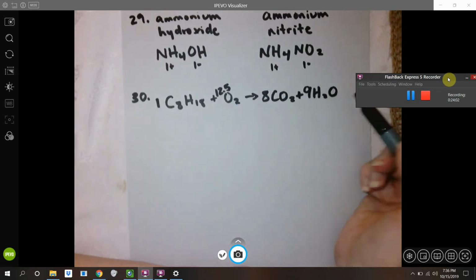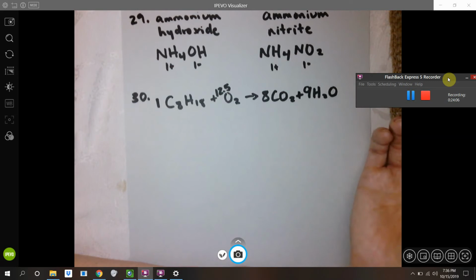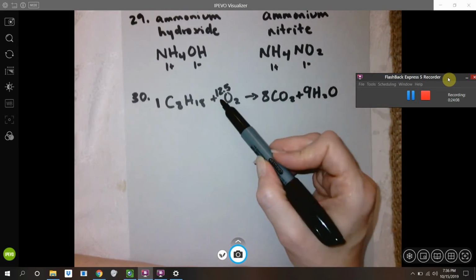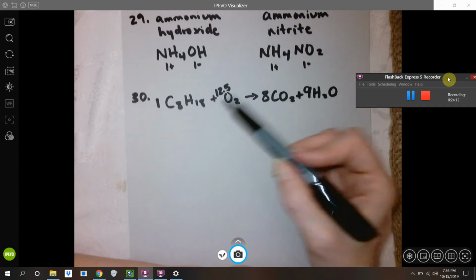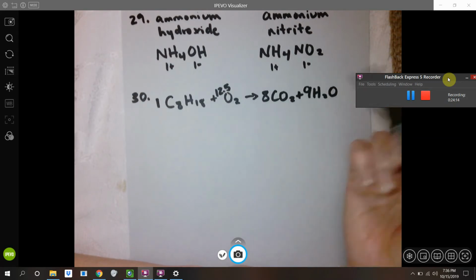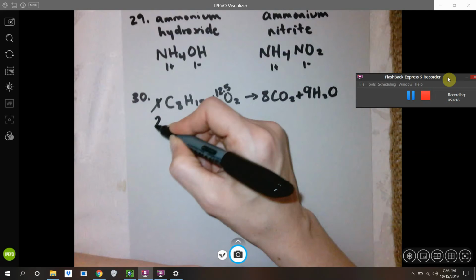When we see that problem, if we've got an odd number of oxygens over here, oxygen is the only thing we have left to balance, and we just need to put a coefficient in here that gives us 25 or whatever odd number it may be. That's when we're going to double everything. So don't forget to double that first one.